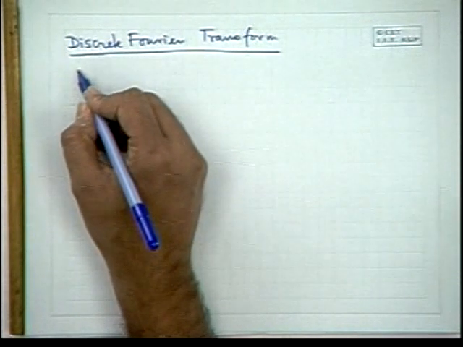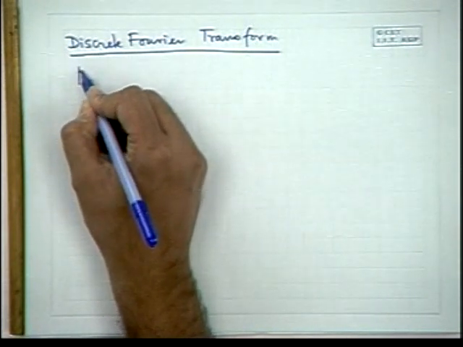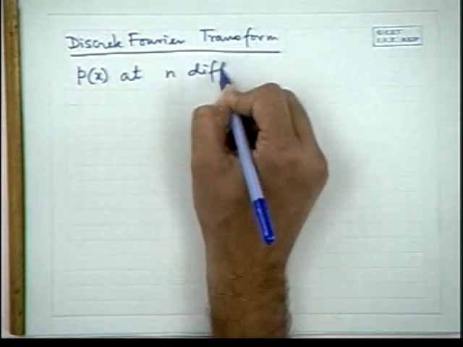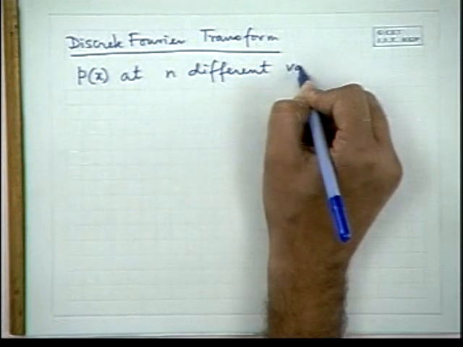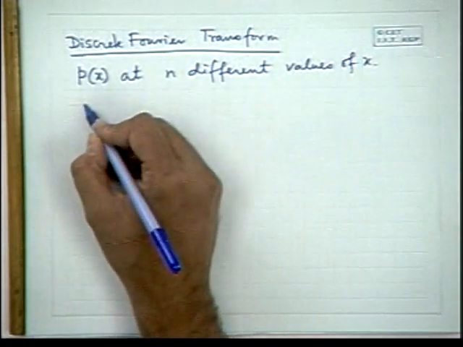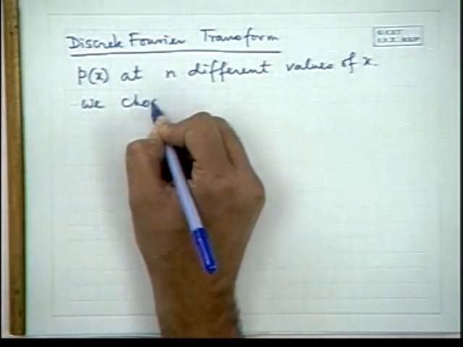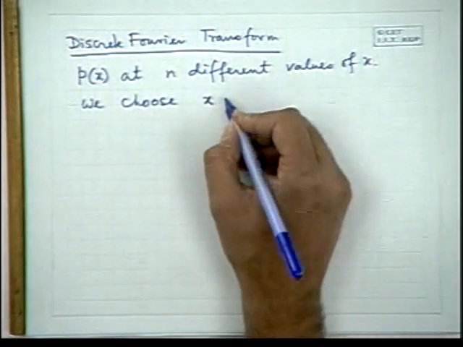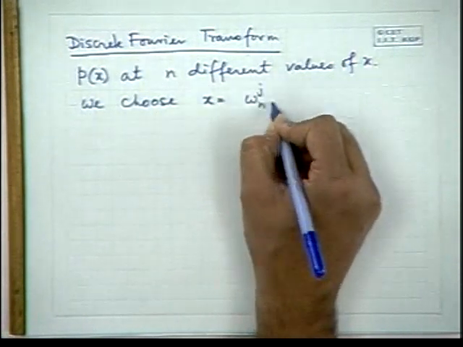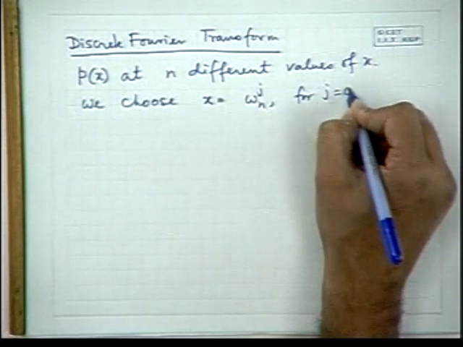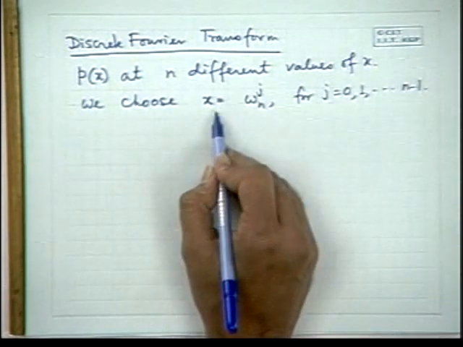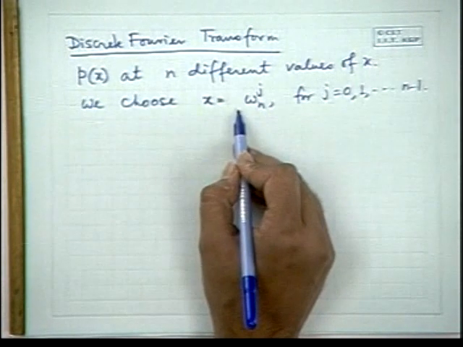So let us assume we are going to evaluate the polynomial P of x at n different values of x, and we choose x equal to W n j for j going from 0, 1 up to n minus 1. So these are the different n values we are going to choose.